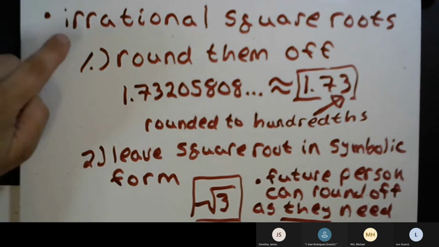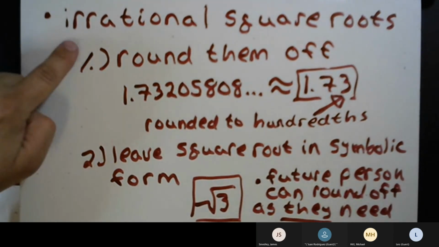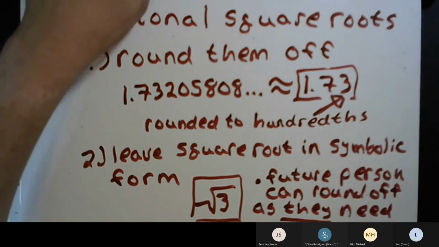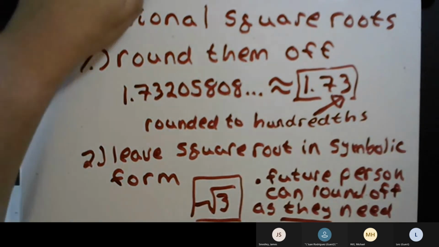And again, how do you know you have an irrational square root? Well, you don't necessarily. What you can do is try to come up with, say, the square root of 4. I think I can do that: 2 times 2 is 4, so the square root of 4 must be 2.